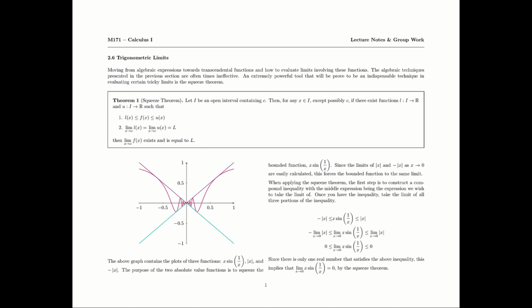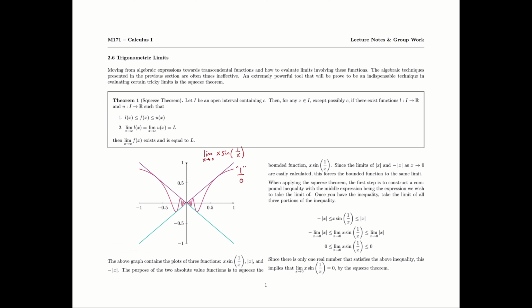But if you just had an algebraic expression for it, so for instance, if we had the limit as x goes to 0 of x sine of 1 over x, well, what ends up happening here is we can't just plug it in.